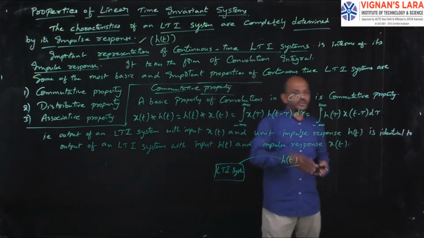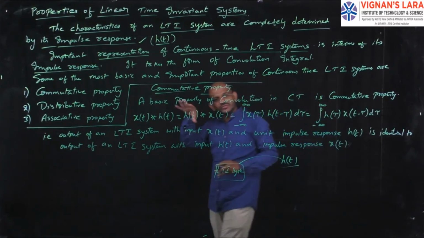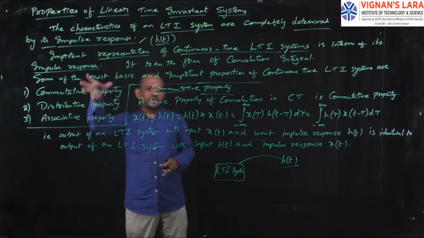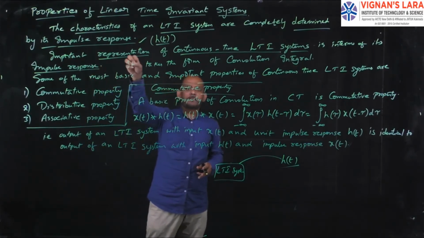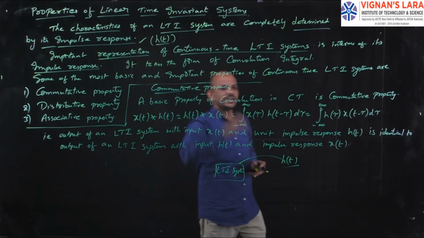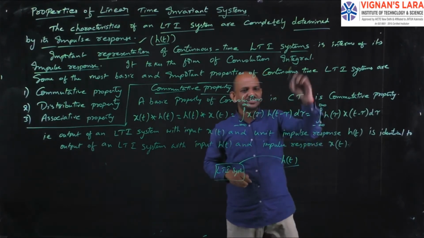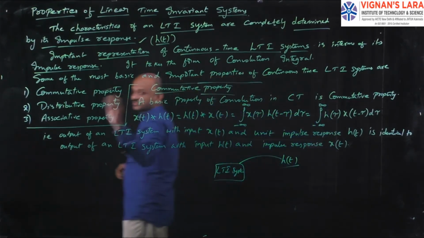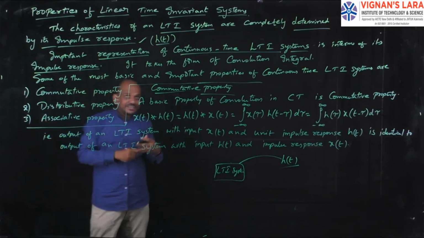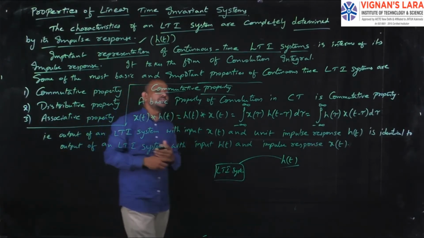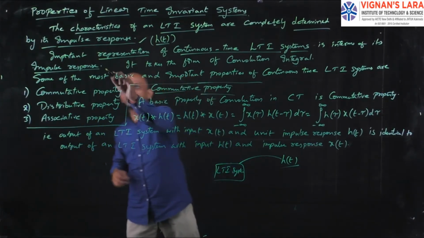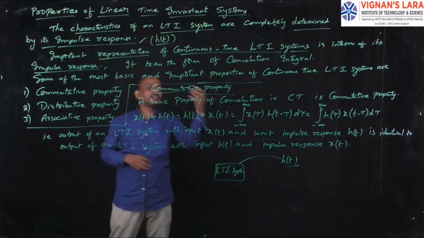Because if I know the impulse response, then I can know the characteristics of that system. So I will represent this continuous time LTI system in terms of its impulse response.